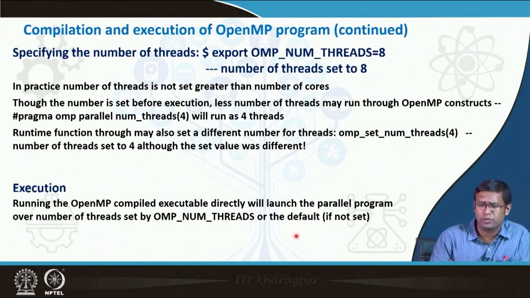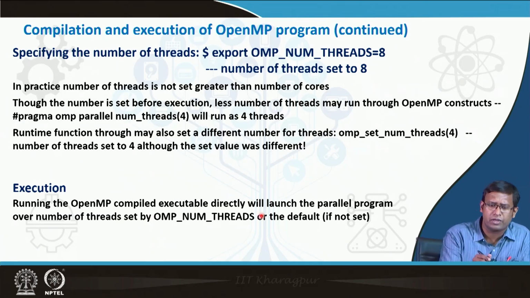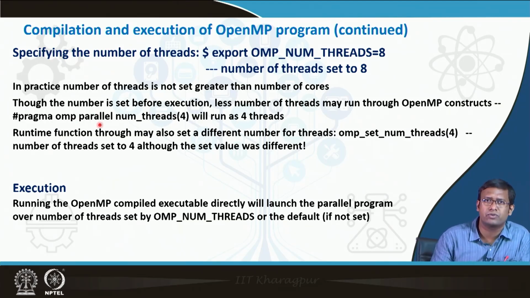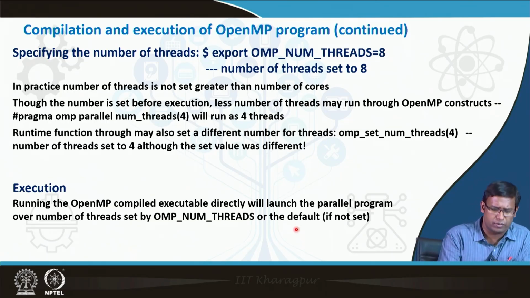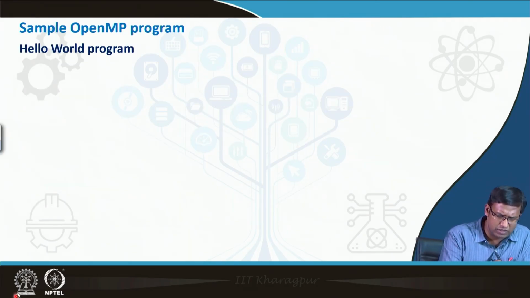So if it is already set, or it is the default, and you just run the executable, the parallel program will be launched, and wherever there is a threaded part, wherever you have given constructs like parallel, these threads will be launched with the number that has already been set or the default number. So we will see it as an example.